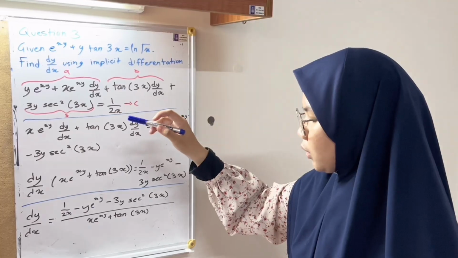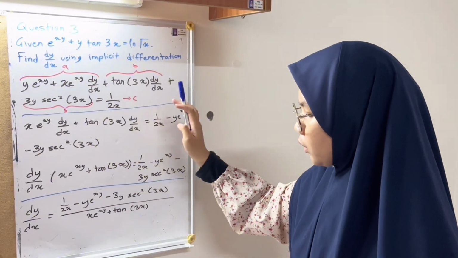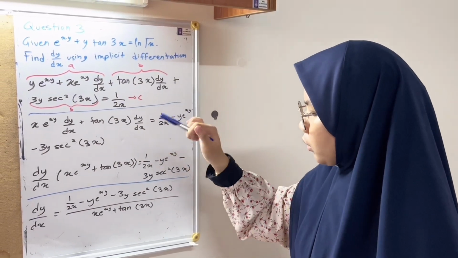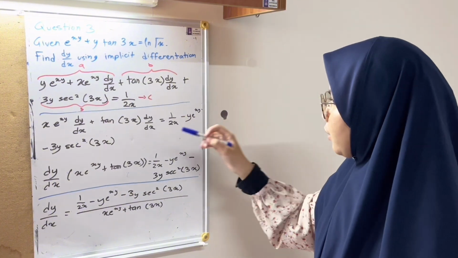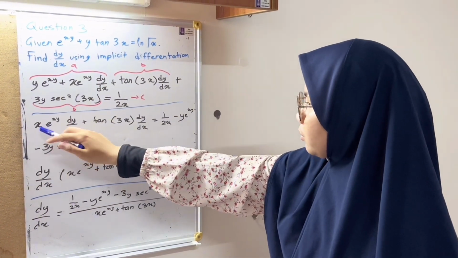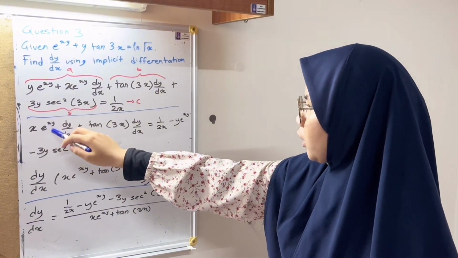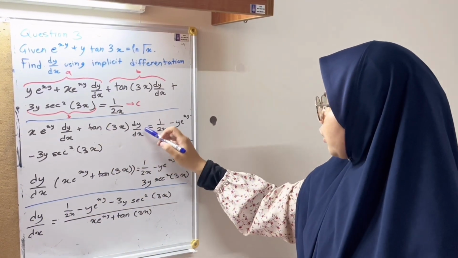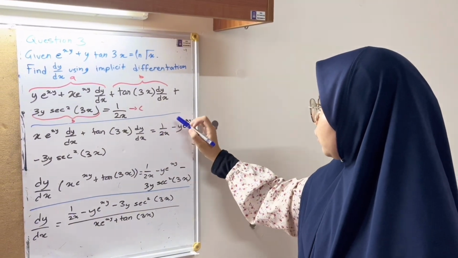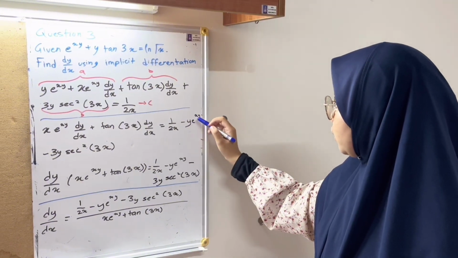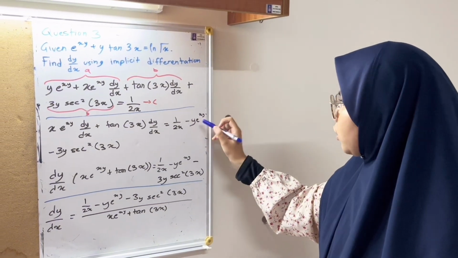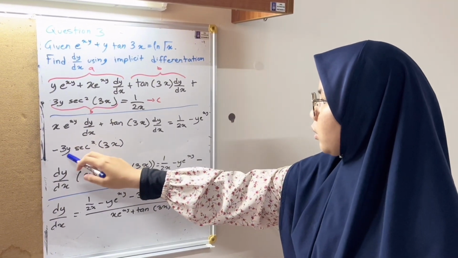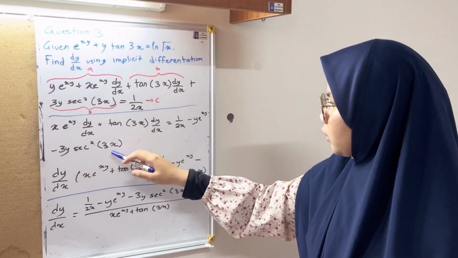After that, we move all the terms without dy dx to the right hand side, like this: x e to the power xy dy dx plus tan 3x dy over dx equals 1 over 2x minus y e to the power xy minus 3y sec square 3x.